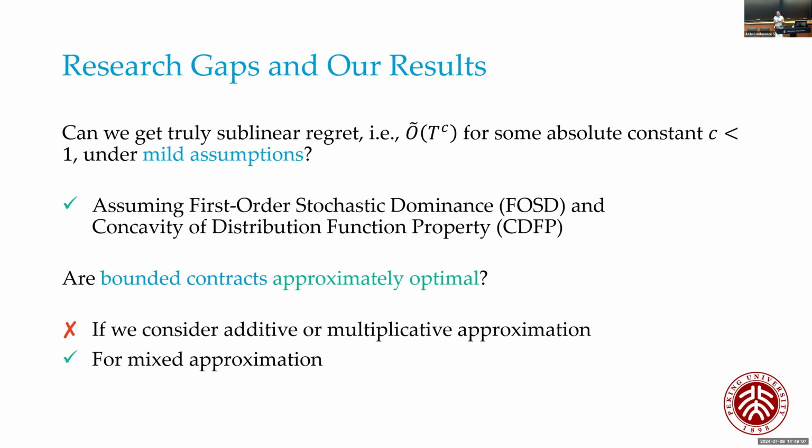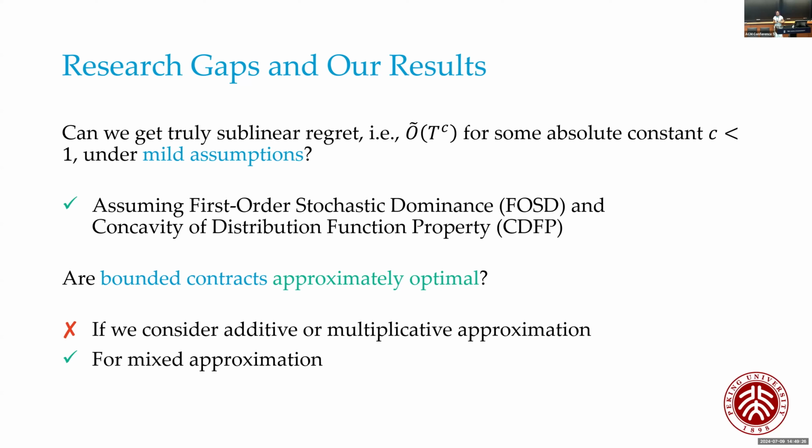Here, truly sublinear regret means that the regret is O tilde of T to the C for some constant C smaller than 1. And we provide a positive answer under the assumption of first order stochastic dominance and the concavity of distribution function property.